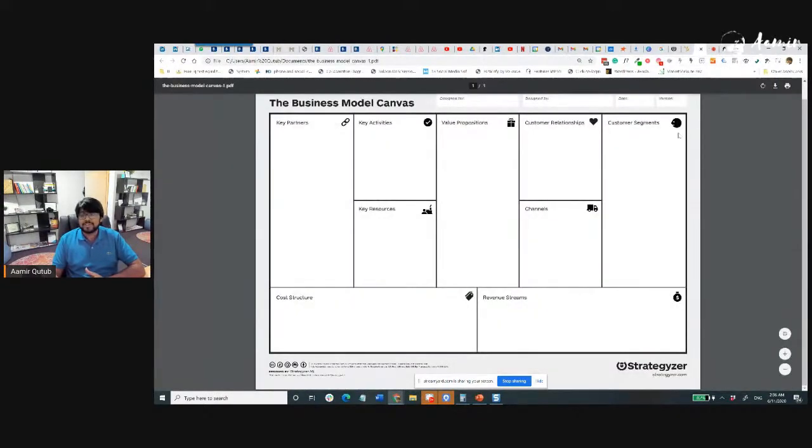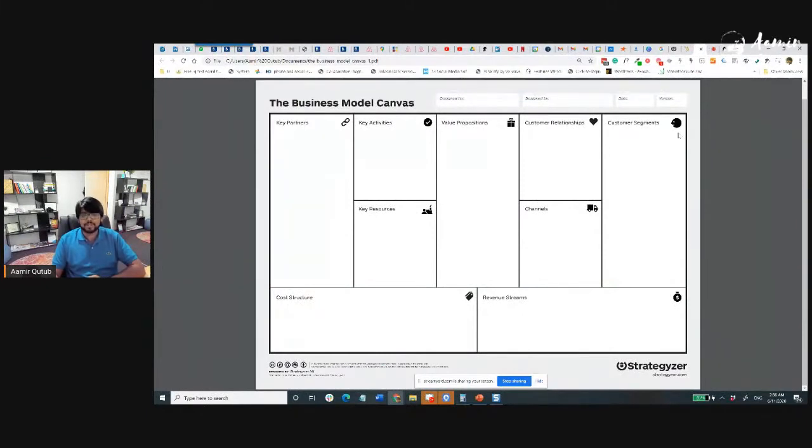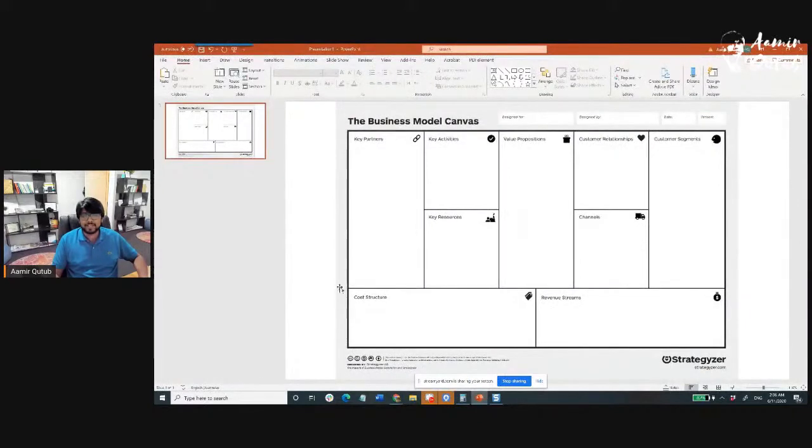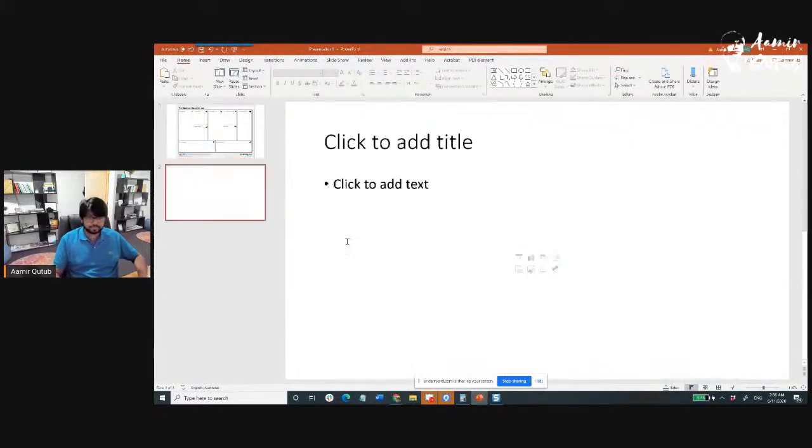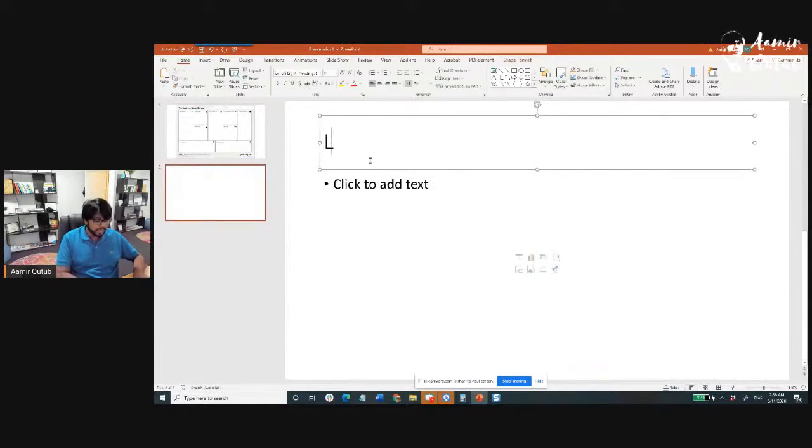And now I'm going to teach you how to actually fill in this business model canvas. Suppose you have a business idea. We'll take one business idea for example, and suppose that business idea is about a laundry pickup and delivery startup.